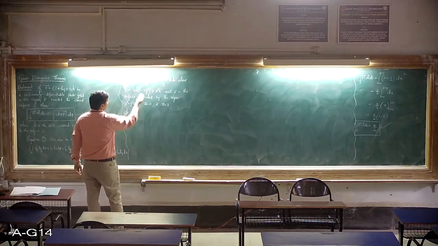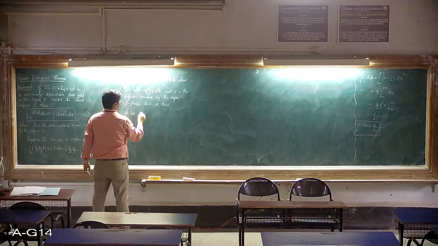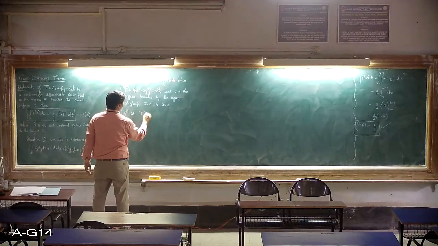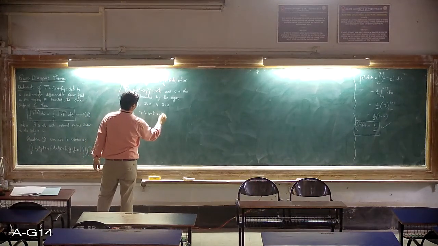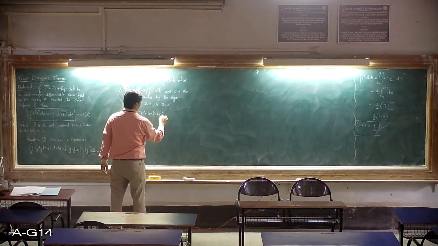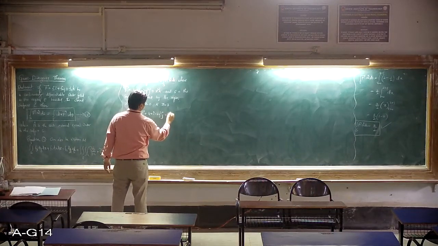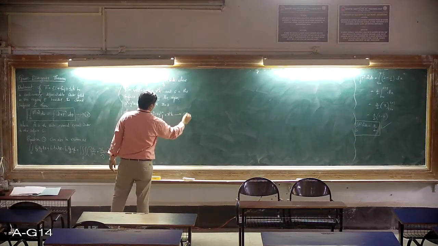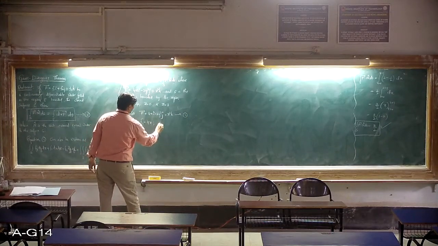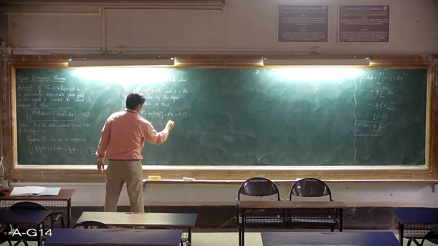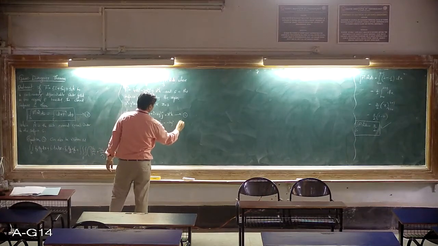Let the given F be, F equals 4x i minus 2y square j plus z square k. Call it 1. Here, what is F1? 4 times x. What is F2? Minus 2 times y square. What is F3?